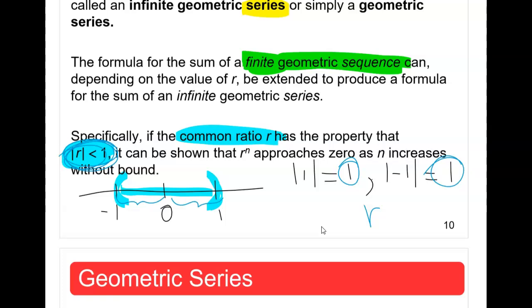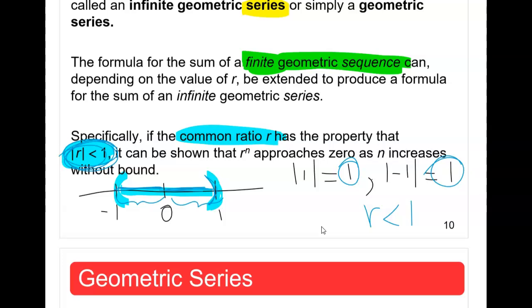So the way we can write this in a different way is that the common ratio needs to be less than 1. So it could be a positive ratio, but less than 1. You know, like 1/2 or 1/4 or any other fraction you can think of. I don't know, 5/28. So all those numbers are located here, so those will be okay. Now, what happens with the negative ones?